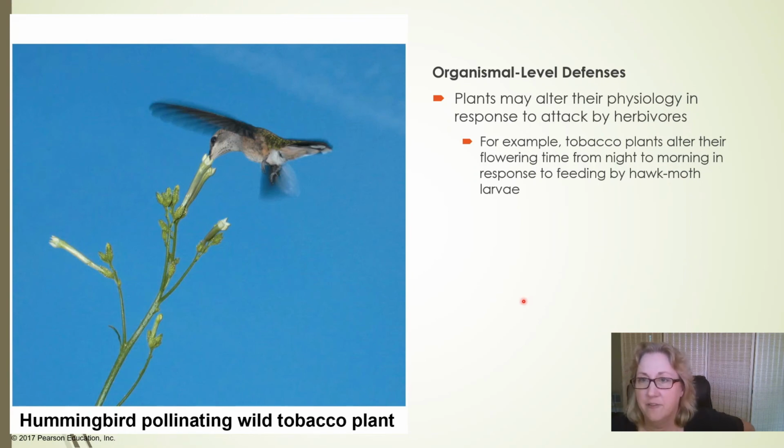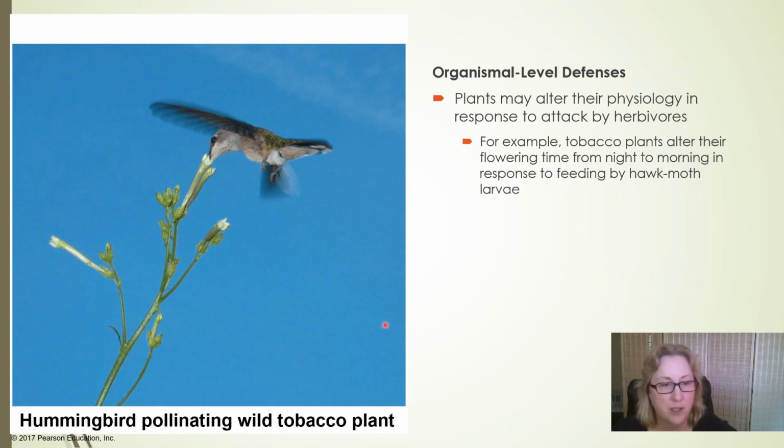Some plants have very interesting responses to predators. There are certain plants in the Nicotiana genus, which is tobacco. There are some wild tobaccos that will change their flowering time to stop attracting moths.